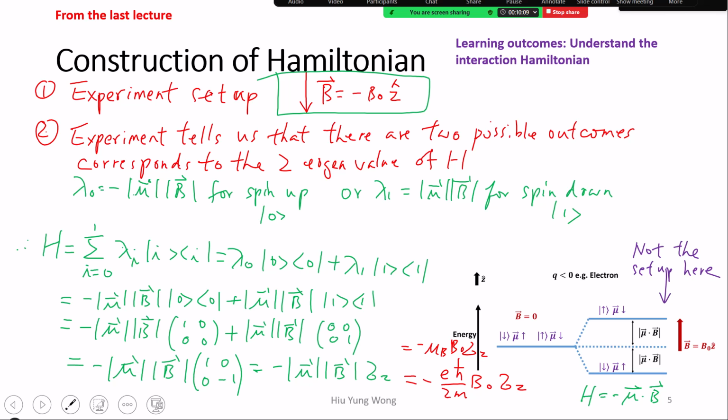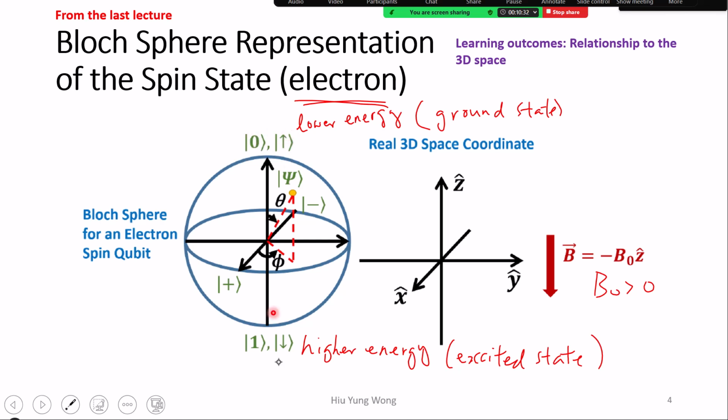This Hamiltonian has two eigenvalues, and whenever you do the measurement, the output is an eigenvalue of the corresponding operator. So the output must be an eigenvalue of the Hamiltonian. I call spin up 0 and spin down 1. I know spin up has a lower energy and spin down has a higher energy.